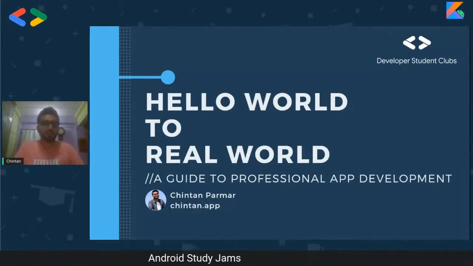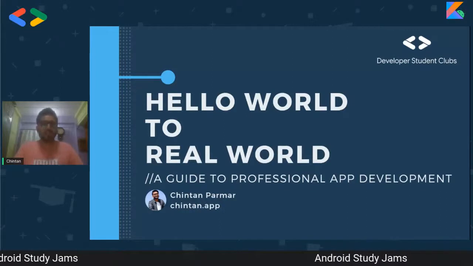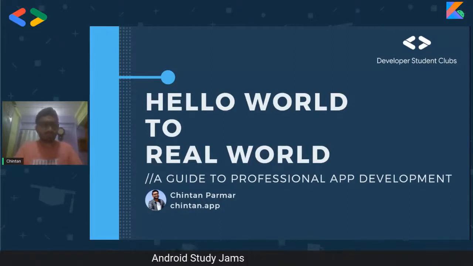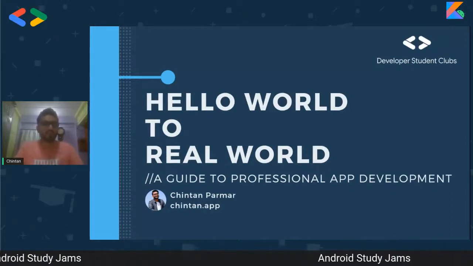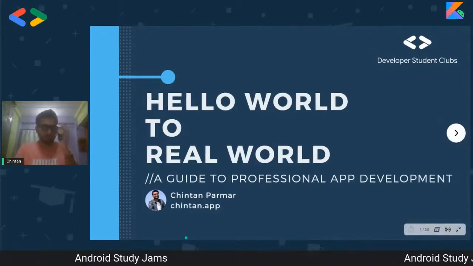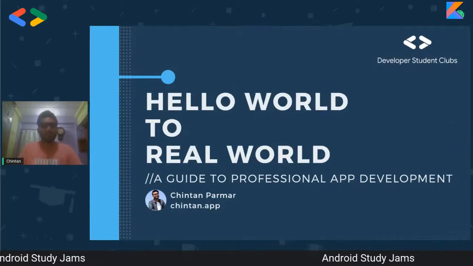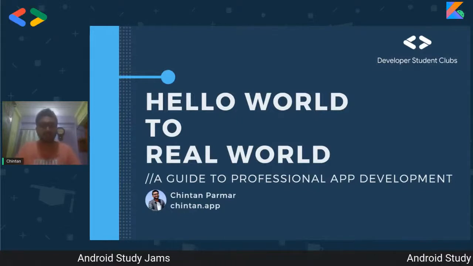But what would be the perfect structure of your application, or the perfect user experience in case you are releasing your app on the Play Store, and how would you go about it? So let's discuss how the Hello World app scales to a real world application, or how you build an application which is an industrial or enterprise application.